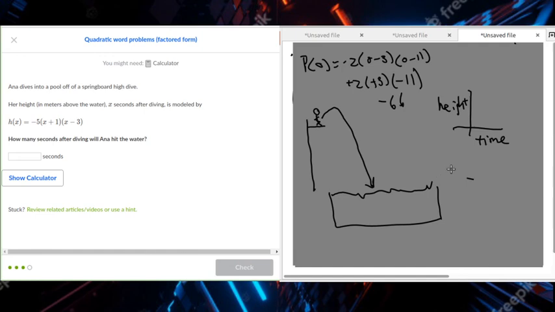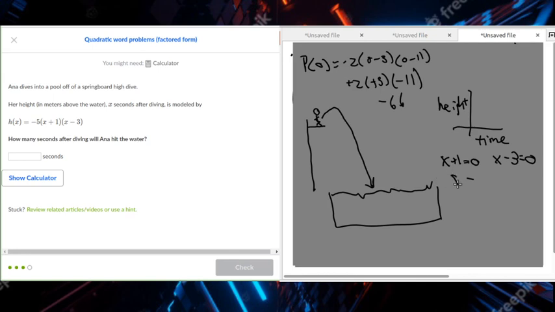So we know that, let's try this again. x plus 1 is equal to 0, or x minus 3 is equal to 0.